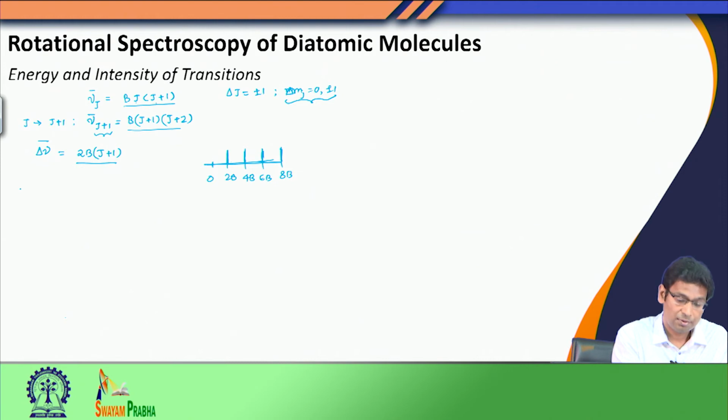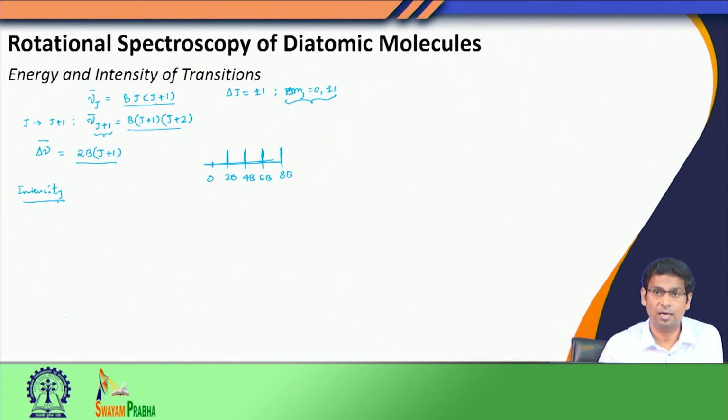To discuss the intensity, all delta J plus or minus 1 transitions are allowed, J from 0 to 1 or J 1 to 2, but which of these transitions will have more intensity? The answer to that question comes from the fact that at which rotational level more number of molecules are there.